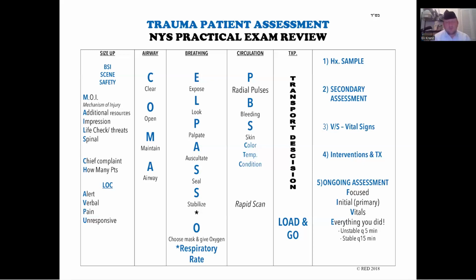Breathing column. We're going to use this town in Texas called El Paso. And we have to remember this. E, expose the patient's chest. L, look. What are we looking for? Well, we're looking for gunshot wound, sucking chest wound, paradoxical chest wall movement, equal chest wall movement.